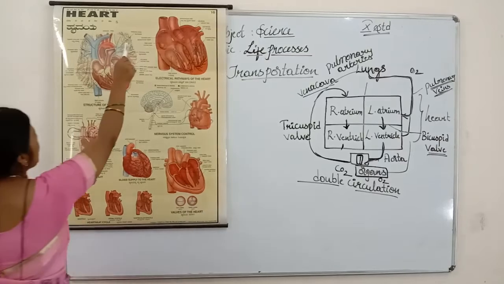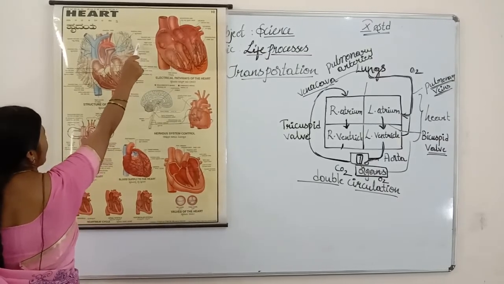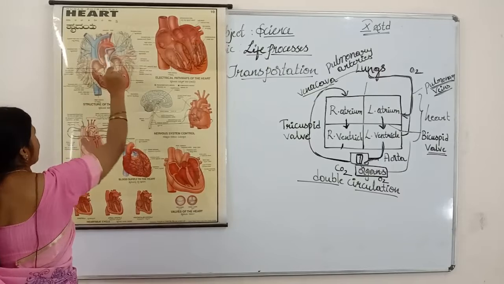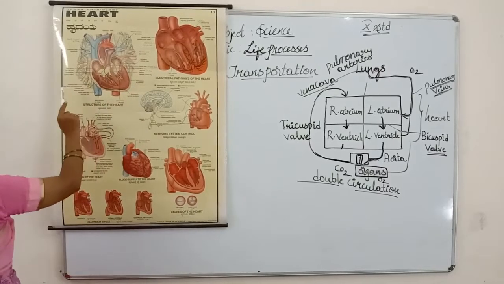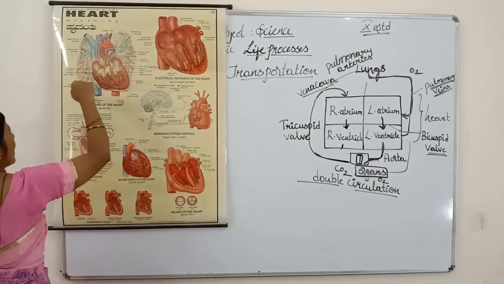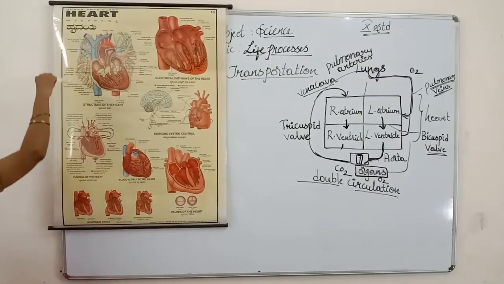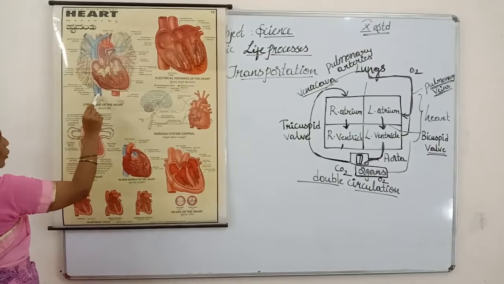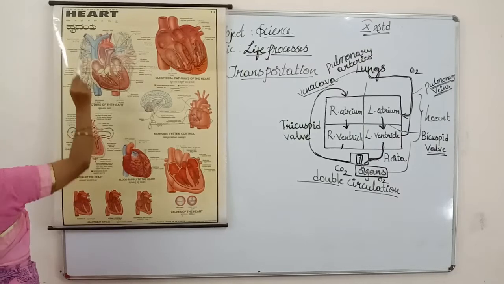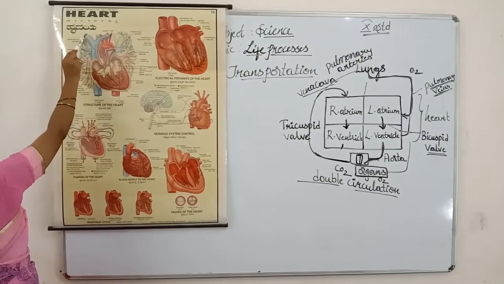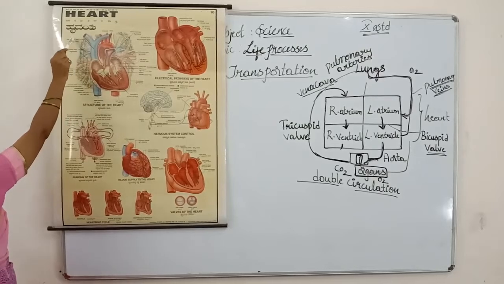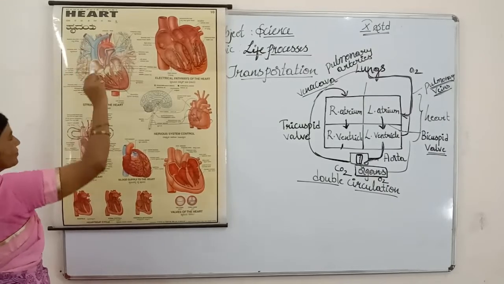We have pulmonary veins. We have aorta and we have inferior vena cava here and superior vena cava. Inferior vena cava collects impure blood from lower parts of the body, whereas superior vena cava collects impure blood from upper parts of the body.